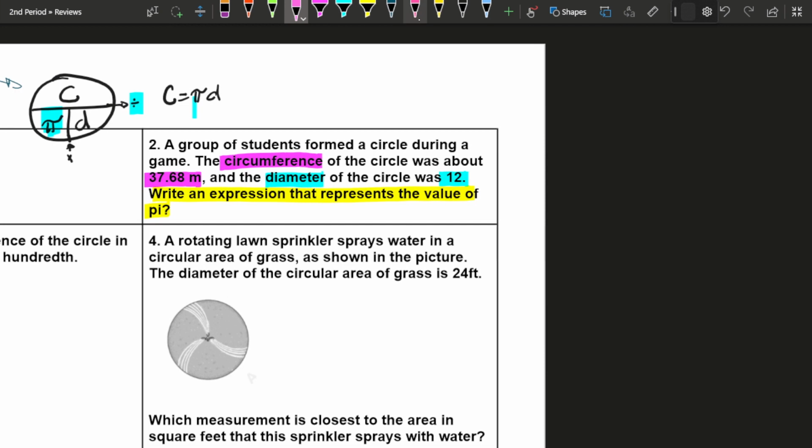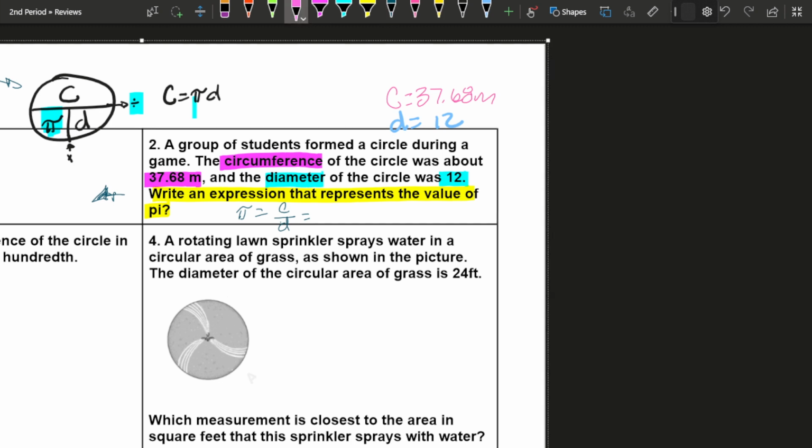Do I know the circumference for this one? C equals what? 37.68 meters. Do I know the diameter? Diameter equals 12. So if I need to find pi, I'm going to use the formula that I found over here: pi equals circumference divided by diameter, and substitute the values in.